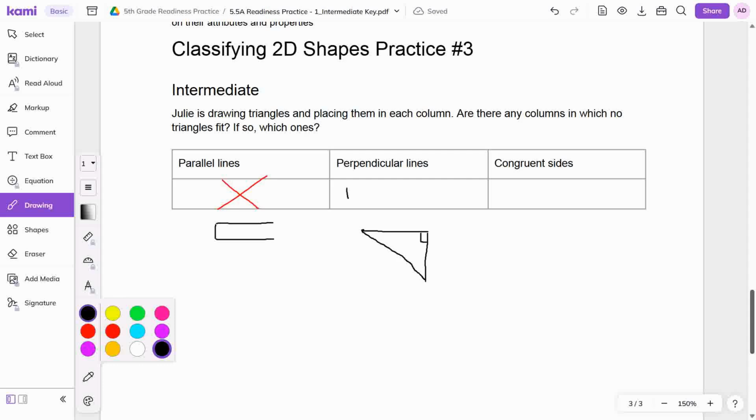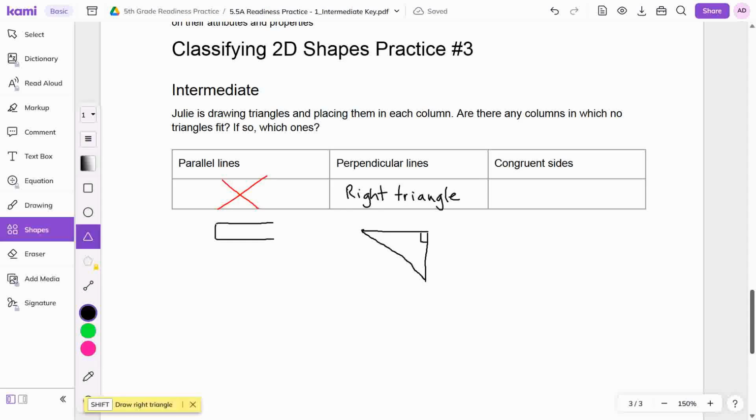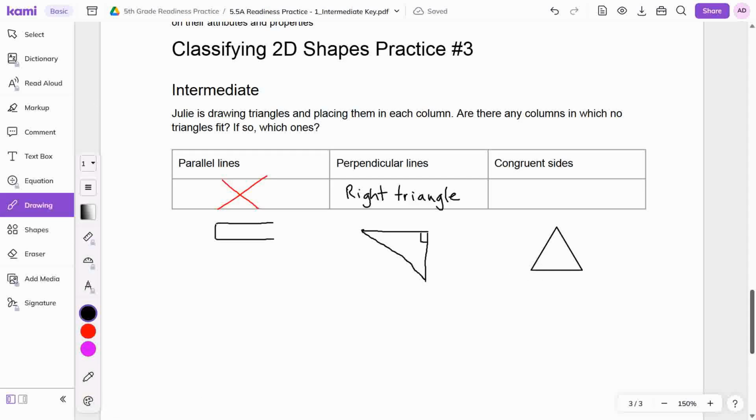So I'm going to say a right triangle. And then congruent means equal. Well, we already looked at a triangle that is equal. Let me see if I can get it to be right at 60. All the angles are right around 60. It's got to be as close as we can get. We can say equilateral triangle.